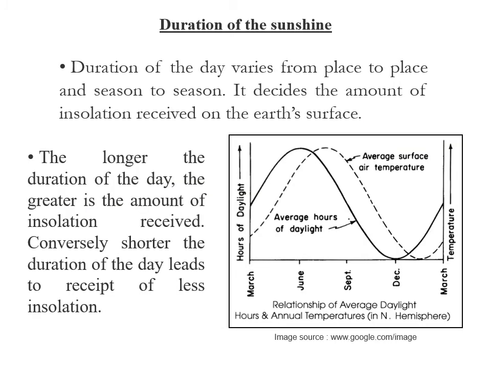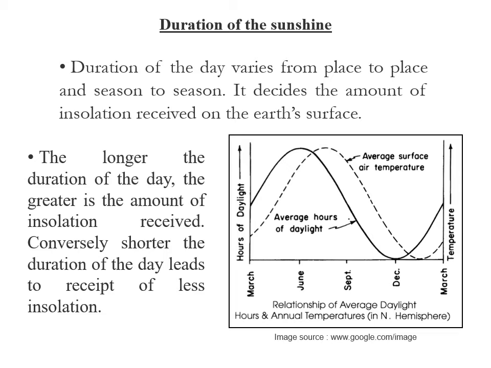The second point for which the insolation varies is the duration of sunshine. Now, solar radiation is only available to Earth during the daytime.